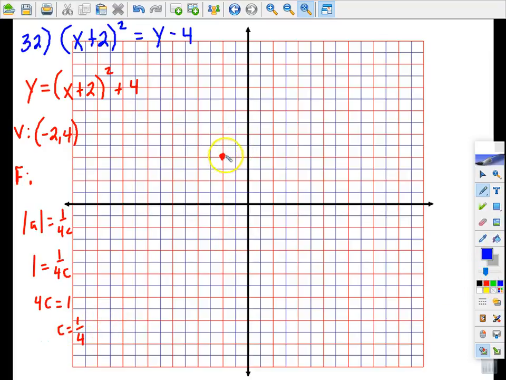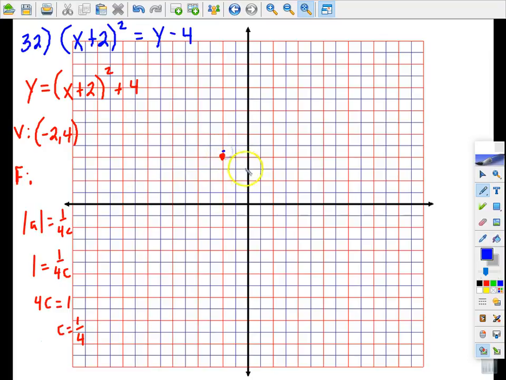And this tends to give people fits. If I'm at the vertex and I have to travel upward to get to the focus because this parabola opens upward, I'm going to go from the vertex, which has an x-coordinate of -2 and y-coordinate of 4. I'm going to travel up that far, 1/4 of a space.